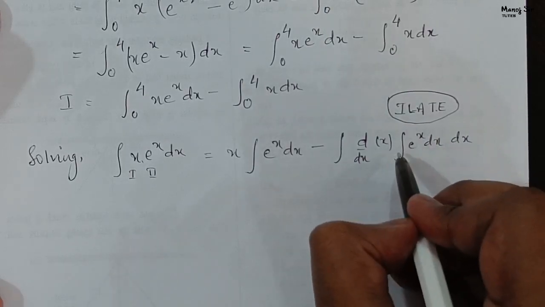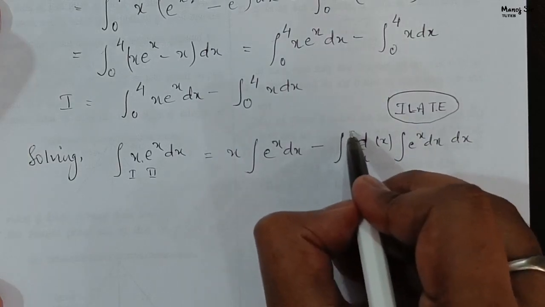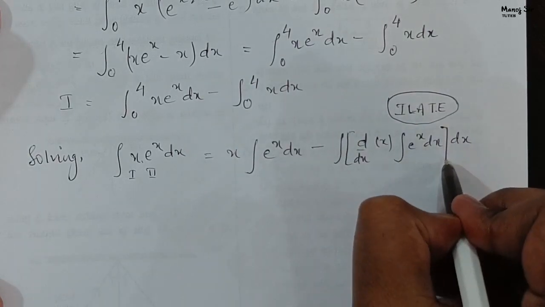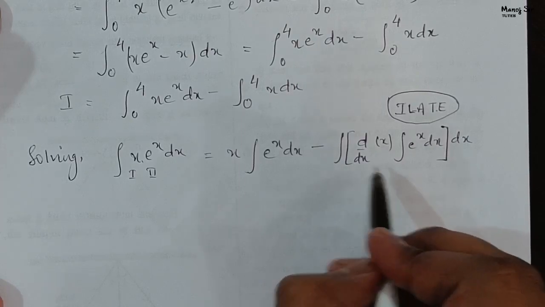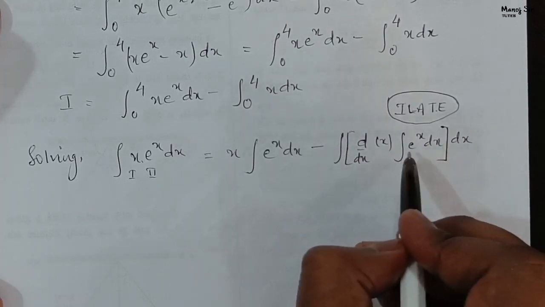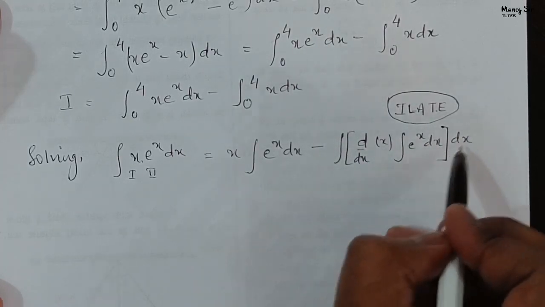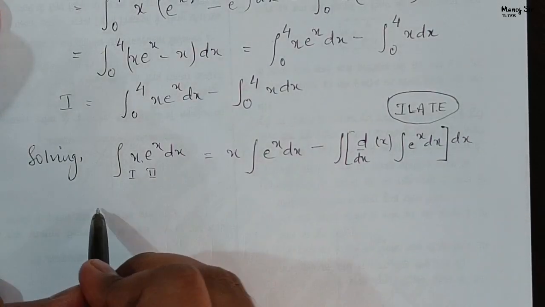This dx is for this integration and this dx is for this integration. Now we have to apply a bracket here, because first we have to solve this part, then whatever is left we will apply to this particular integration with respect to x.